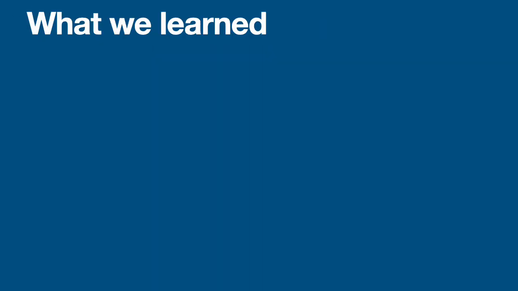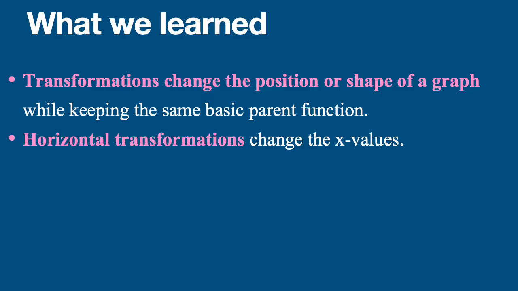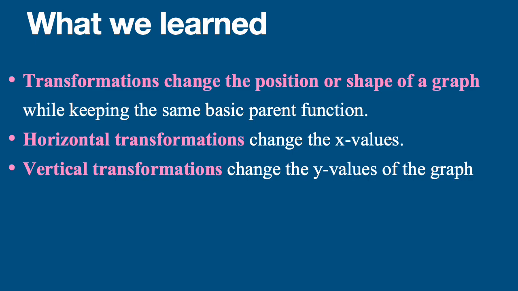What did you learn from this lecture, everyone? First, we learned transformations change the position or shape of a graph, but they keep the same basic parent function. Second, horizontal translation changes the x value, guys. Keep in mind, vertical translation changes the y value.